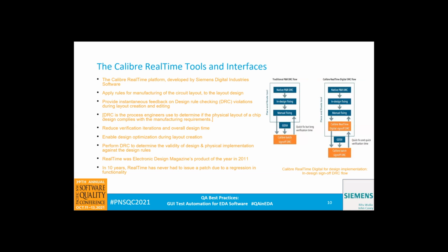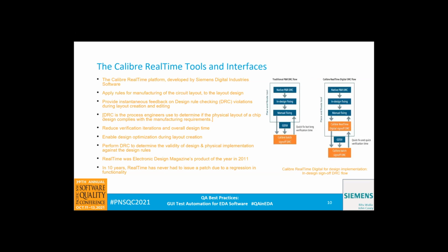And I'm very proud to say that RealTime was the Electronic Design Magazine's Product of the Year in 2011. And also in the past 10 years, RealTime has never had to issue a patch due to a regression in its functionality, which is great and which makes this product a great example for implementing our QA techniques and discussing and sharing them further.